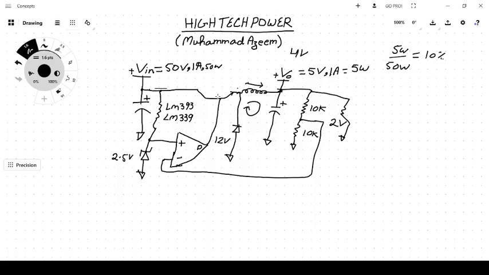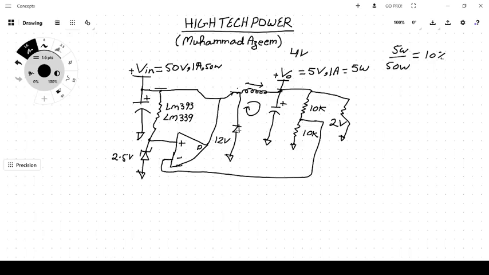So now the series pass element is saved, and it would not be destroyed when it is turned off, and when it is turned off, the lagging current would circulate through the diode and come back to the inductor, so that the current becomes 0.